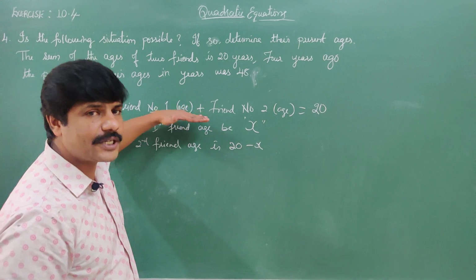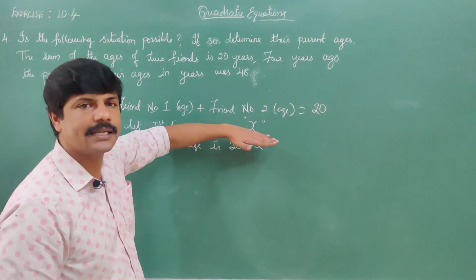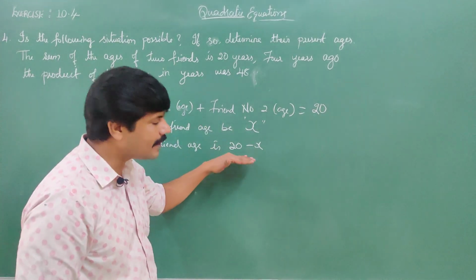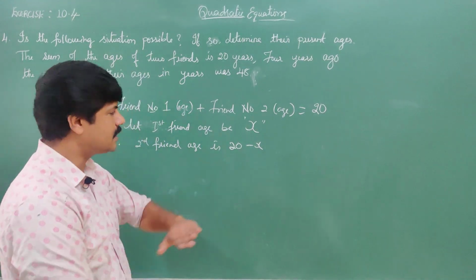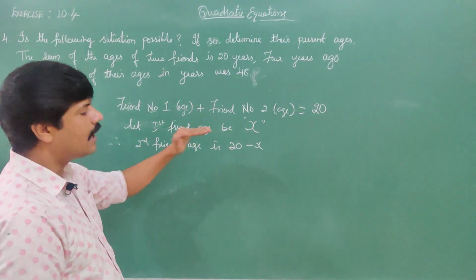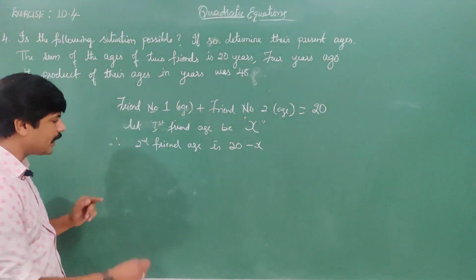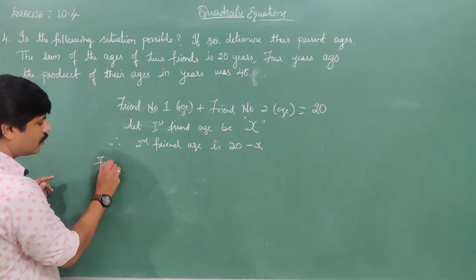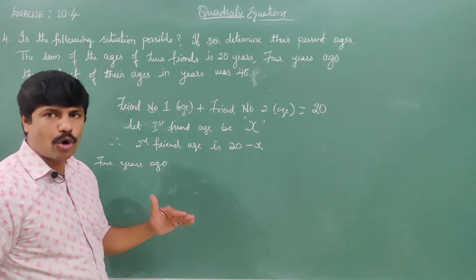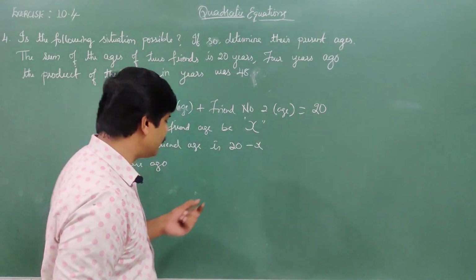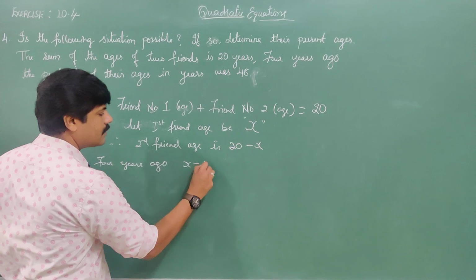Sum of the ages of 2 friends is 20. Age of one friend is x. Therefore, age of the other friend will be 20 minus x. You have got this, friend number 1 and friend number 2. 4 years ago, what was the age of friend number 1? That is x minus 4.